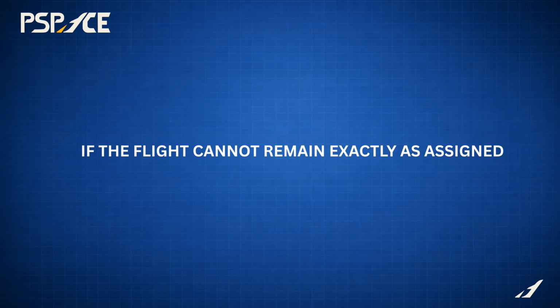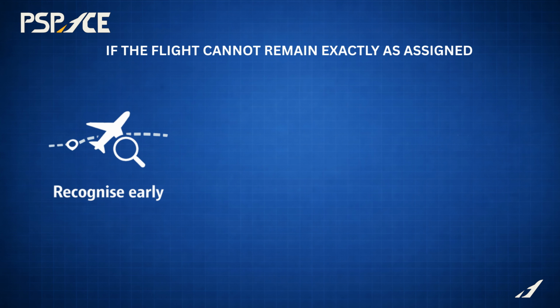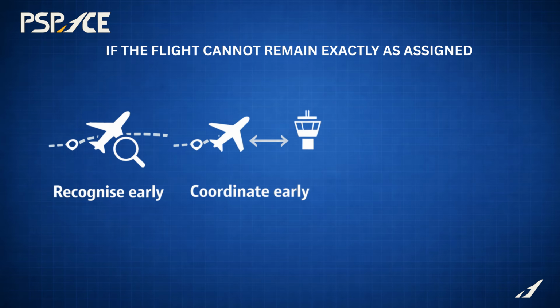The commander's responsibility becomes particularly important when the aircraft cannot remain on the assigned track or cruising level. In that situation, early recognition and timely coordination with ATS are essential. The operator's framework already requires crews to remain in communication and to support deviation reporting where needed, and this is where the framework becomes operationally critical.